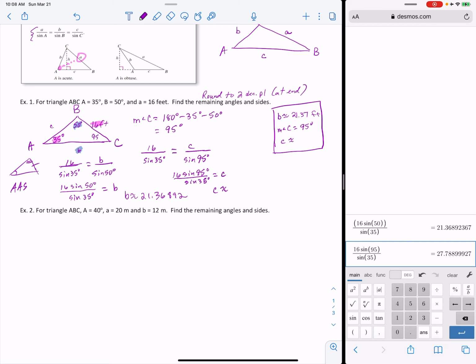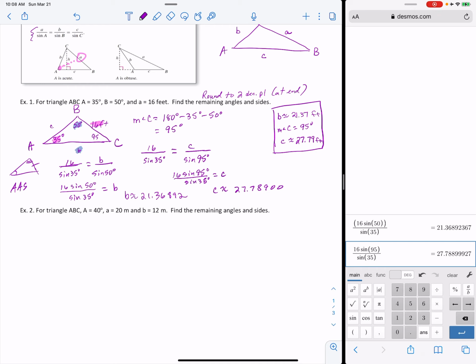And there you have the value of C. So 27.78900. And so that's going to be 27.79 feet. And there you have your answer box.